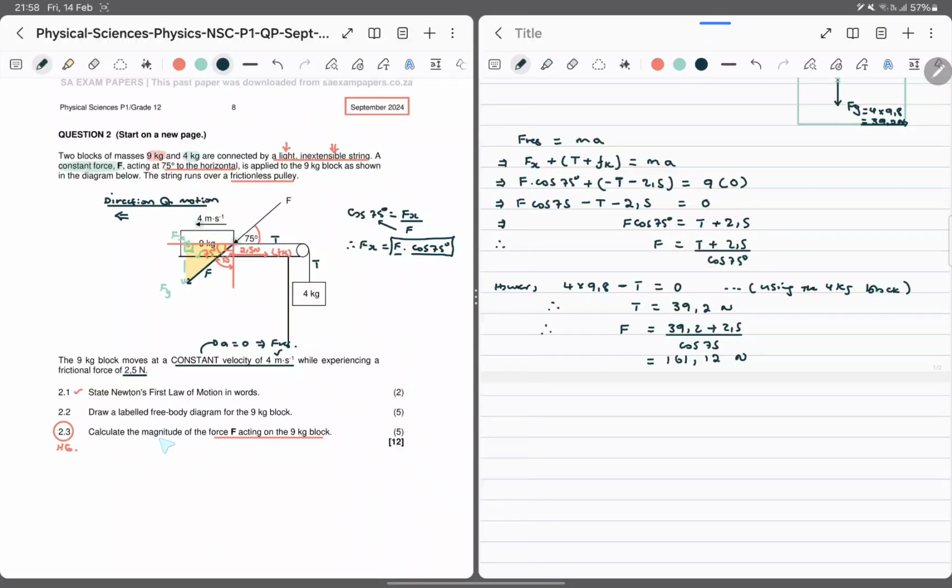But remember, the question said magnitude, so nobody cares about the direction. You can leave it. But I will teach you that even though it's not mentioned, write it in brackets. This is 75 degrees to the horizontal. Okay, let me not be silly, guys. What is that angle?